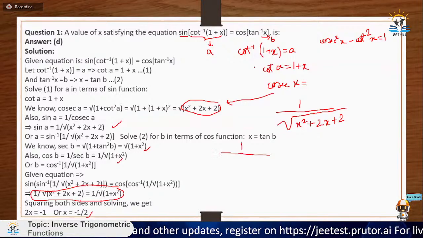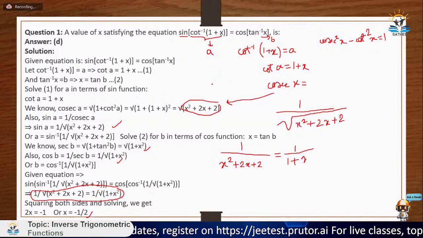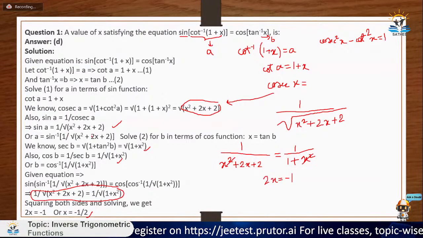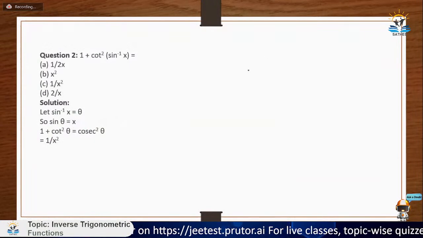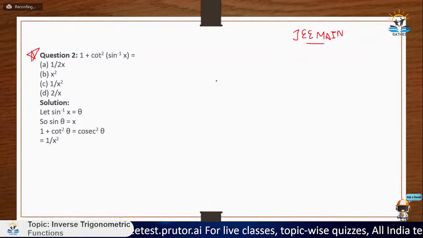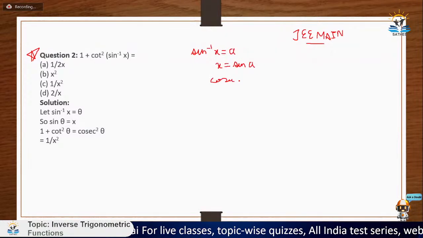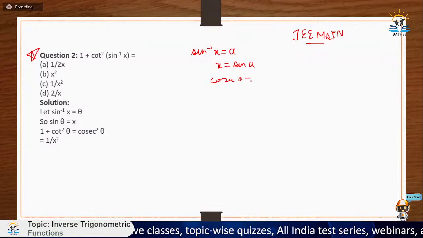Okay. Now what you want is cot, so try to make cot inside. Again, use this relation cosec square a minus cot square a equal to 1. So we know that cosec a is equal to 1 by x.